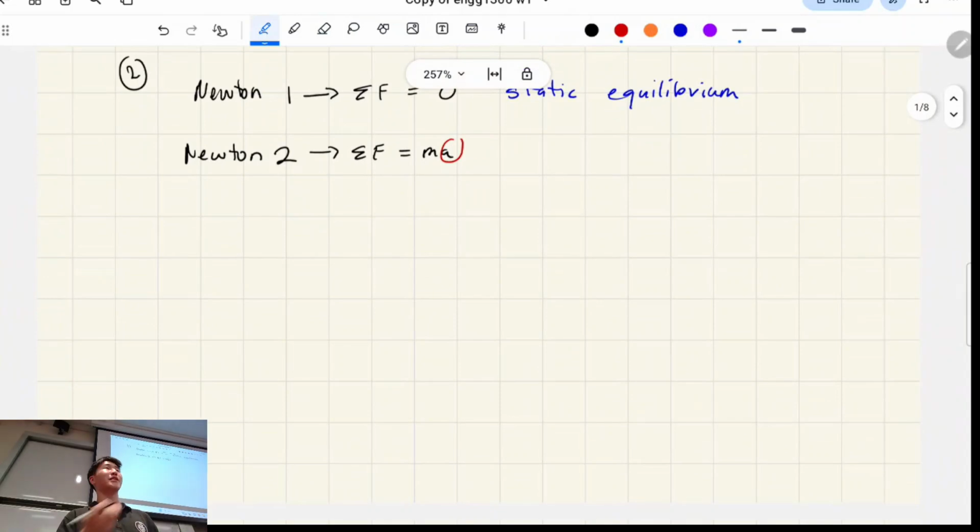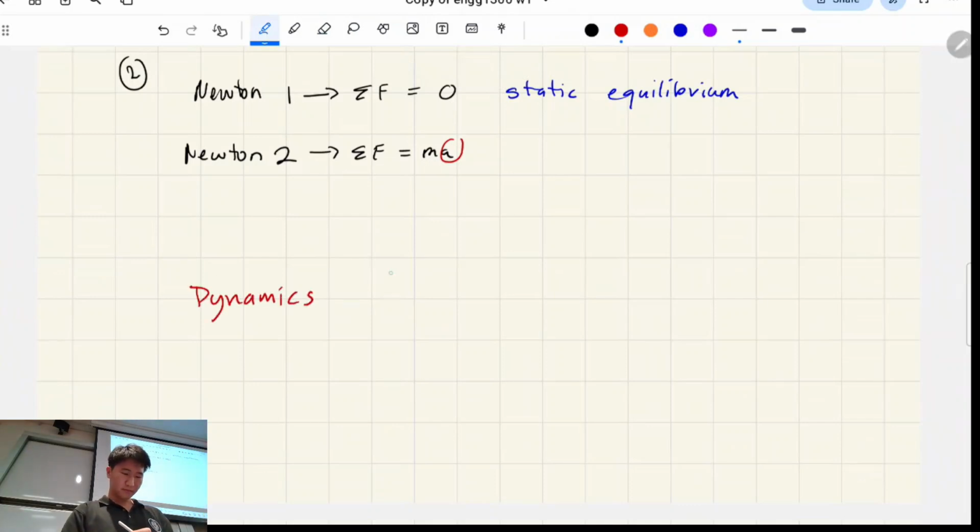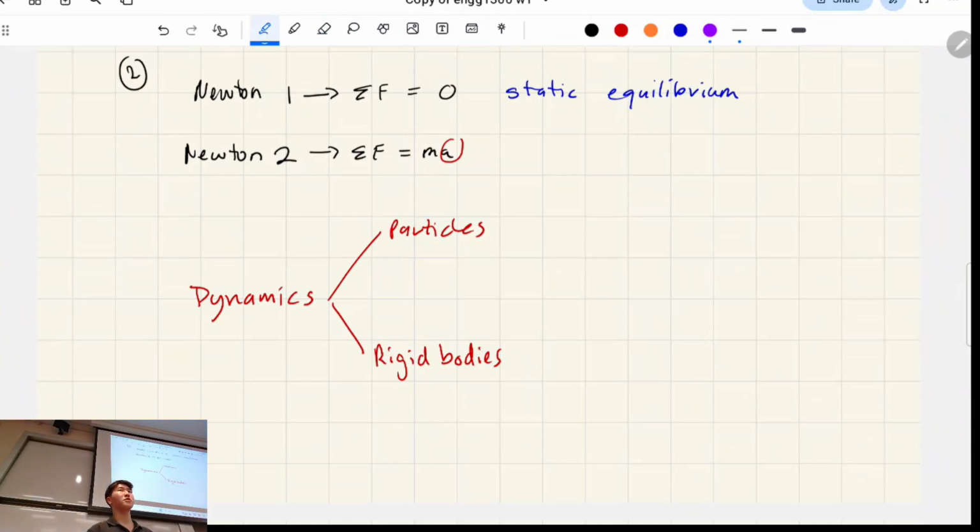But essentially, how the dynamics portion of this course is going to be broken up, you'll see in the later few weeks, is this. Right, so there's going to be particle dynamics, and then rigid body dynamics.